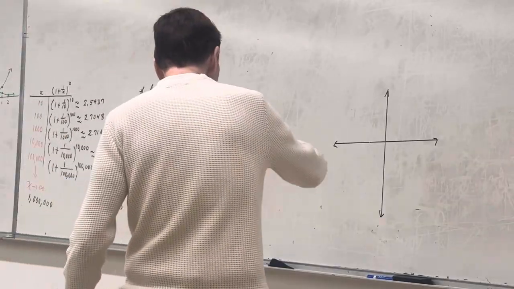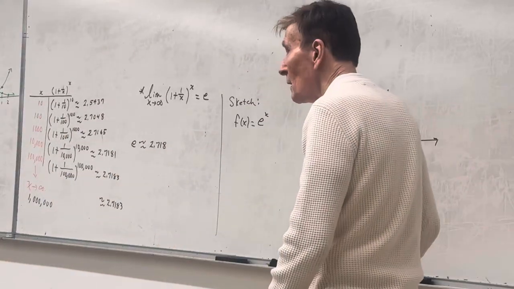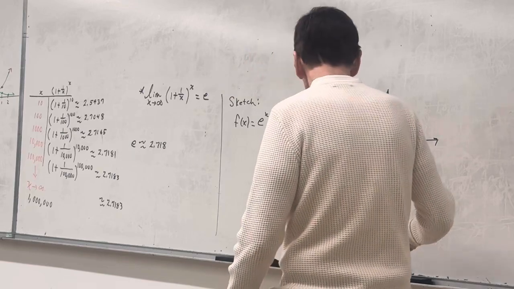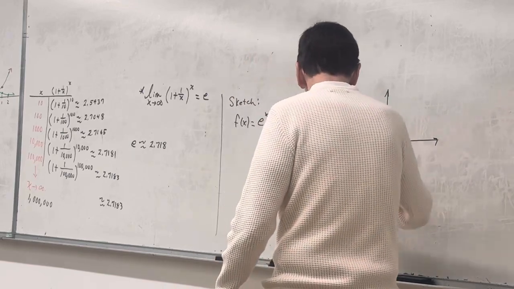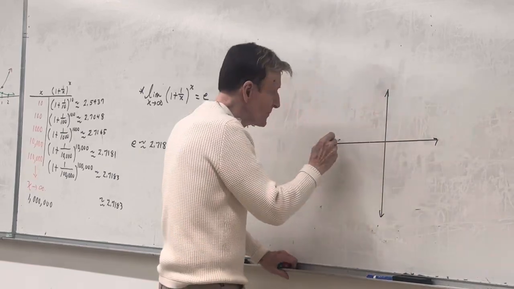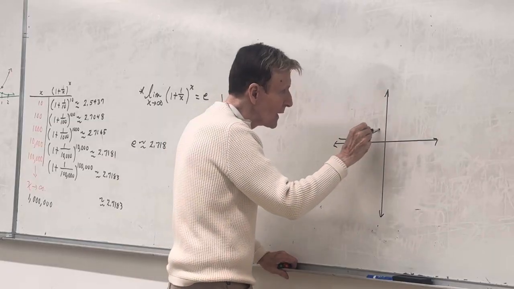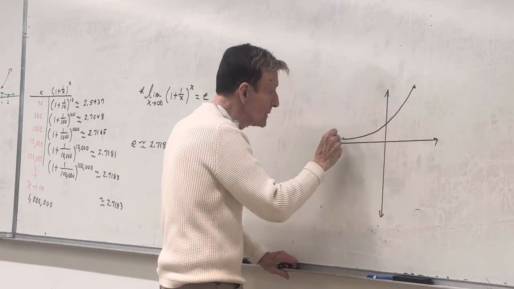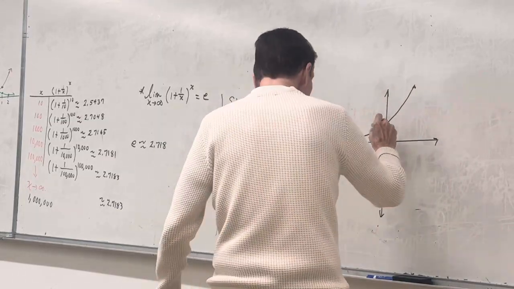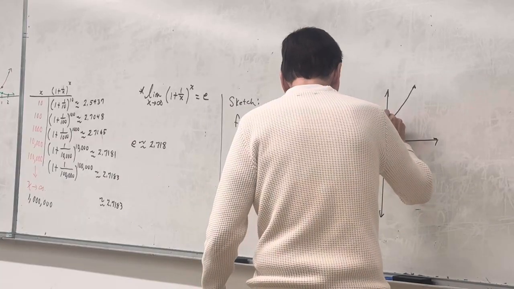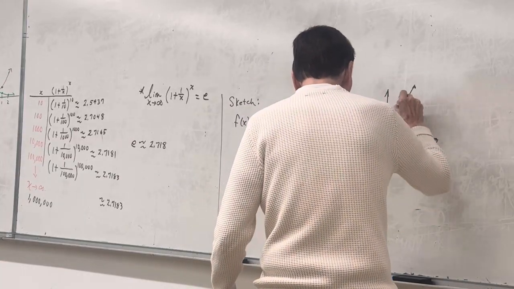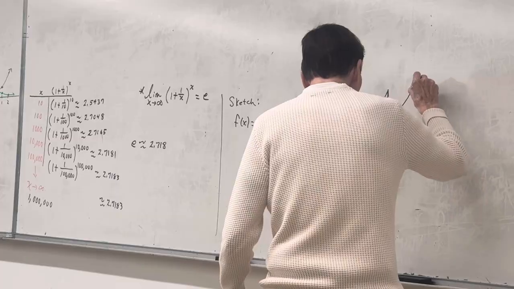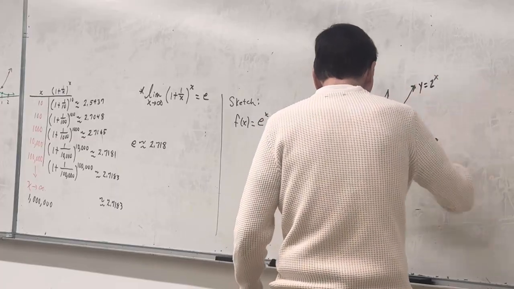Did it look like this? So it did something like this, and it went through 1, for the y-intercept, right here. This is 0, 1, and that's what 2 raised to the x looked like before the break.